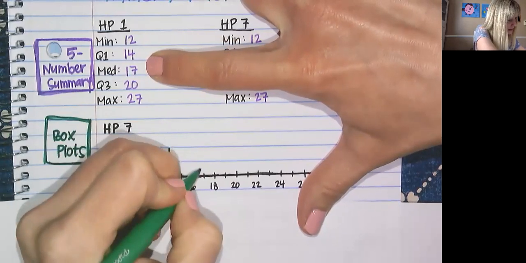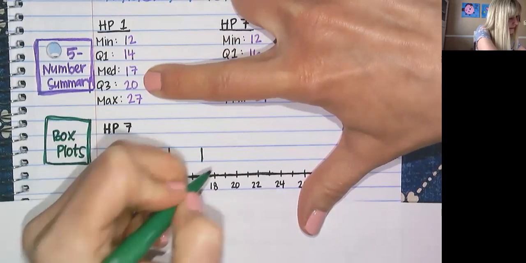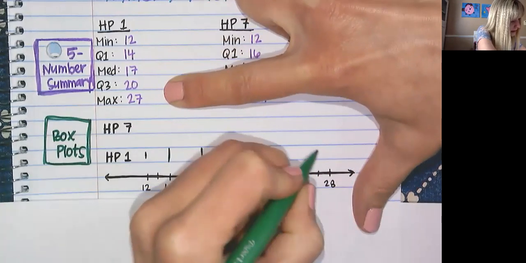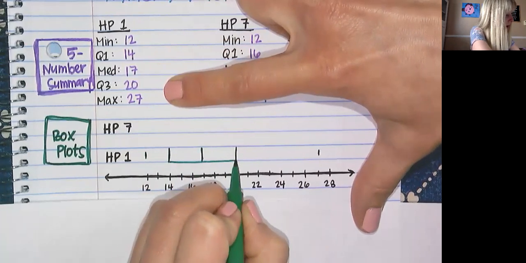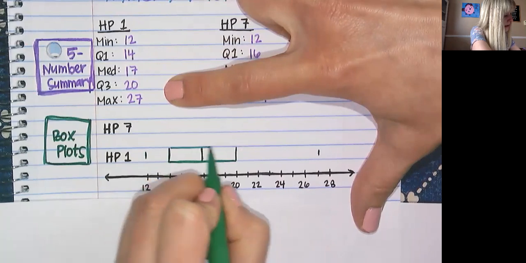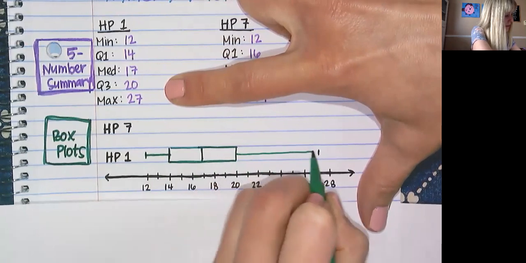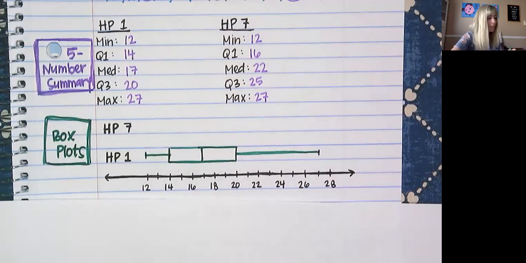My median is 17, my quartile 3 is 20, and my max is up here at 27. I'm going to finish this box, and then draw this whisker down here and this whisker all the way up here. That box plot represents the length of the chapters in the first Harry Potter book.